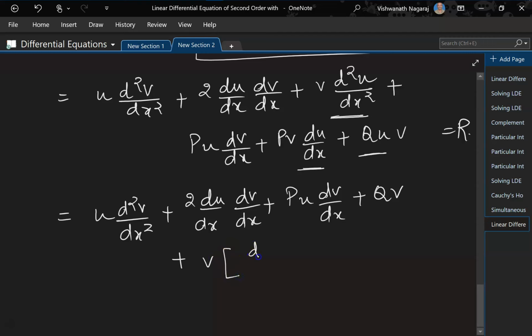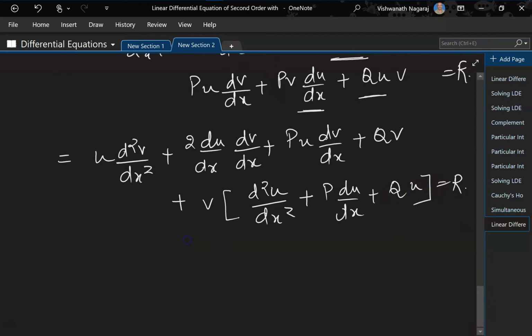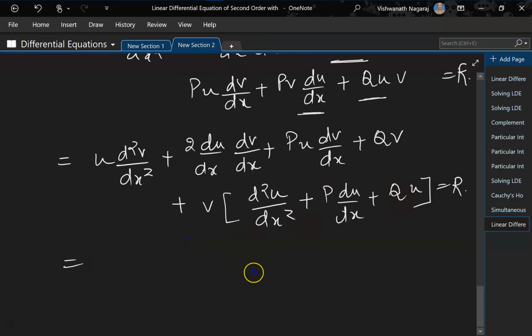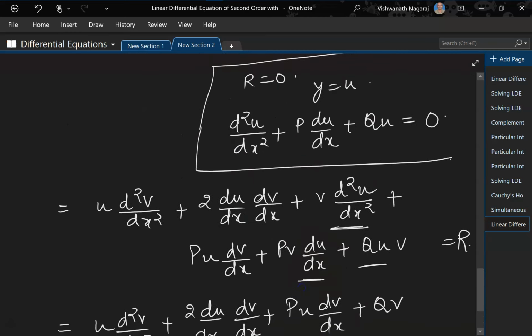What are we left with? d2u by dx square plus p du by dx plus qu equal to r. Yes, so which means that this entire thing is 0, right?